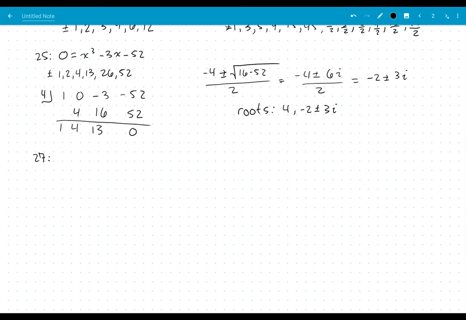Number 27 has the equation 0 equals x to the 4th plus 34x squared minus 72. Okay.